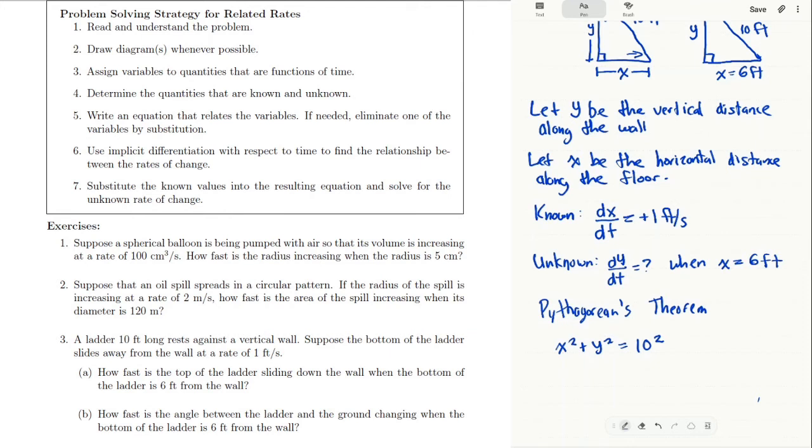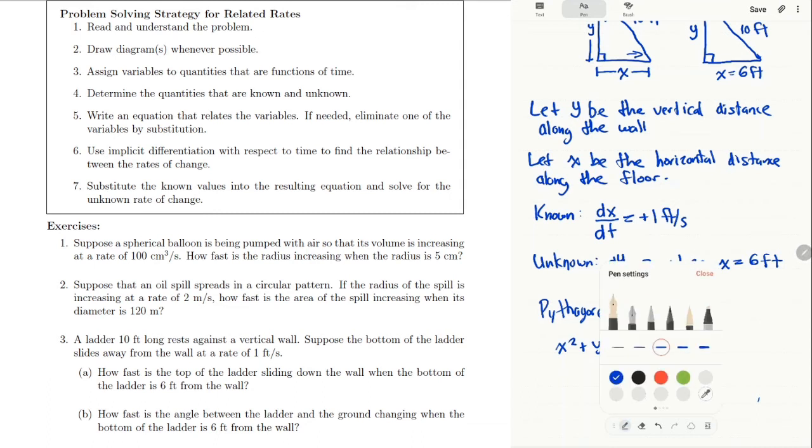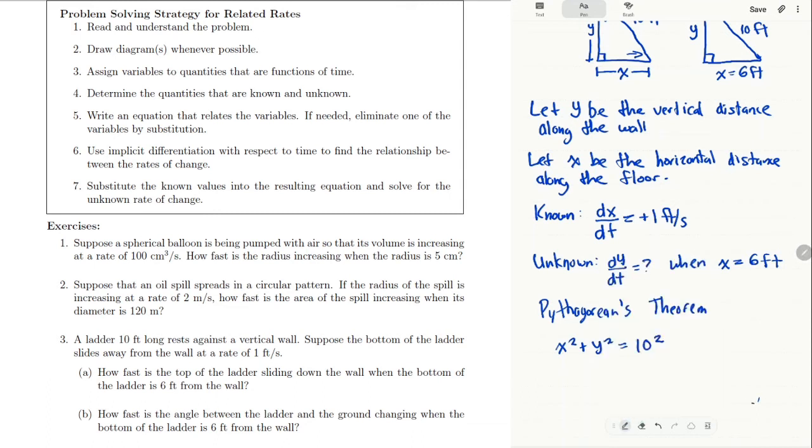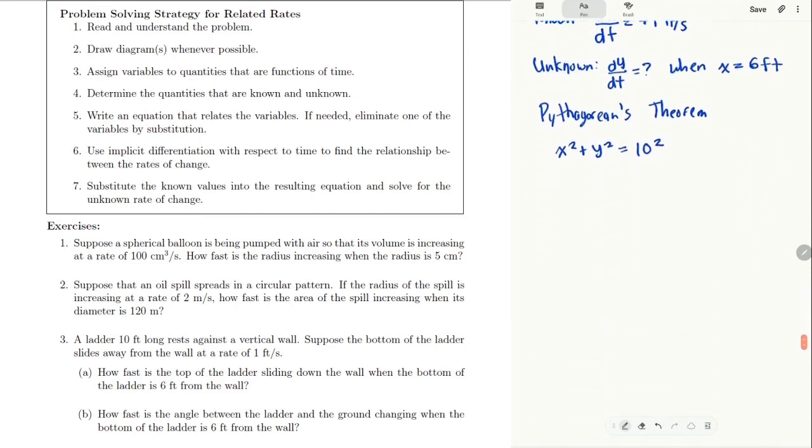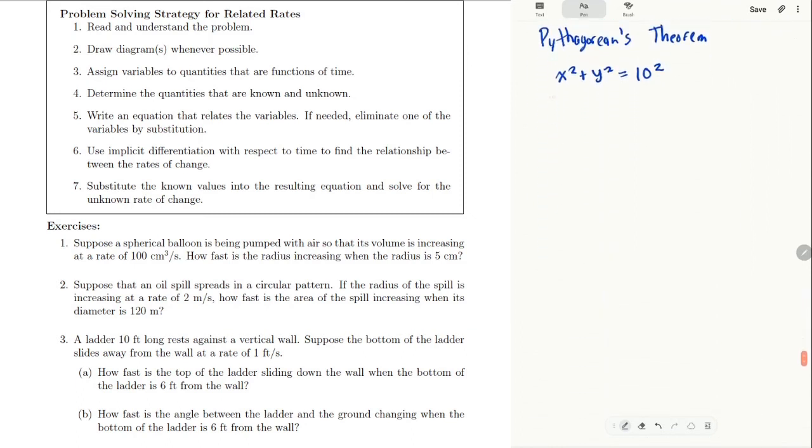And now that we have an equation that relates our two quantities, we can now use implicit differentiation on both sides. So taking derivative of both sides with respect to t, we have that the derivative of x squared with respect to t plus the derivative of y squared with respect to t is equal to the derivative of 100.